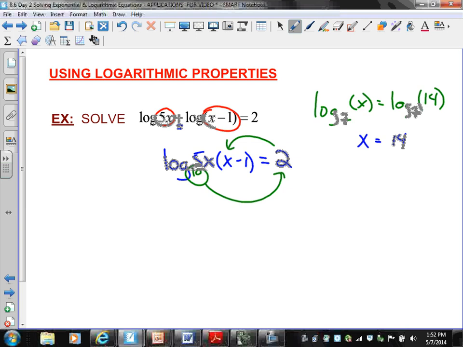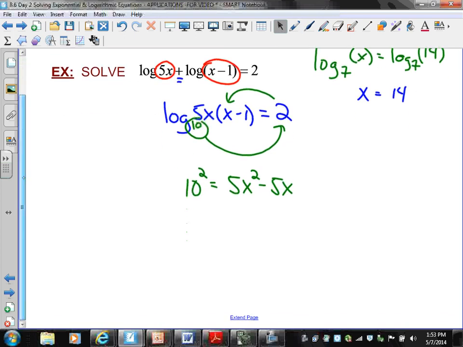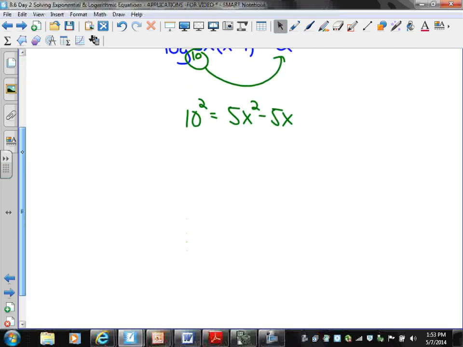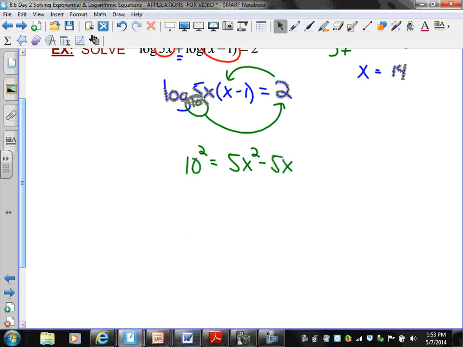I'm going to write this as 5x squared minus 5x. I've taken this log equation and changed it into really just a quadratic. So I'm going to move this 100 over to the right side: 0 equals 5x squared minus 5x minus 100.